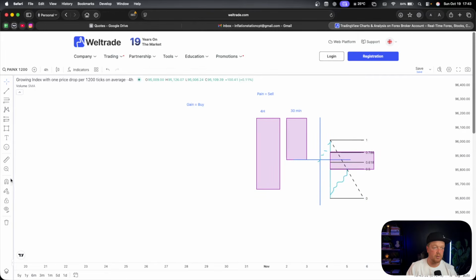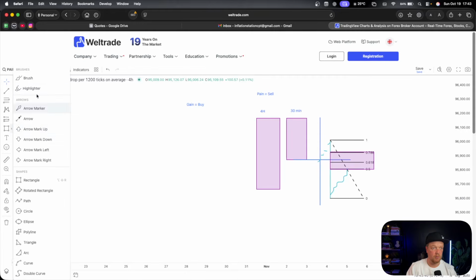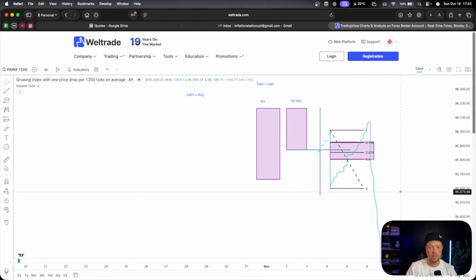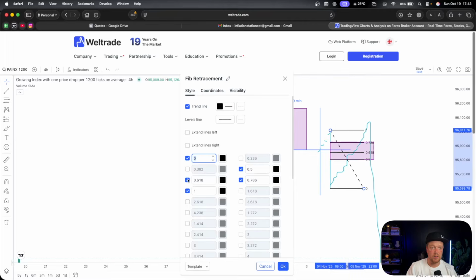Yes, so what happens, right? Sometimes price is going to do this. Let me show you. Sometimes price is going to come into our zone, go past it, go past the 1, and then we have a spike down. So in case for this example, if you want to be safe, you can add another level, and you can make this one 1.35.